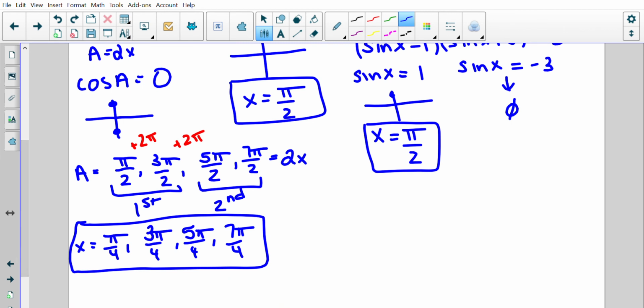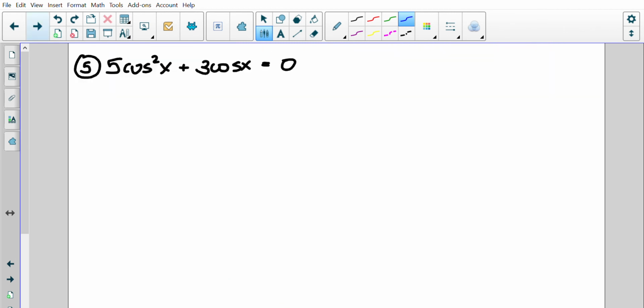Okay. And then this last problem here says 5 cosine squared x plus 3 cosine x equals 0. So if we try and factor that, you should notice that there's a GCF of cosine x. We're going to take that out. And we're left with 5 cosine x plus 3 equals 0.